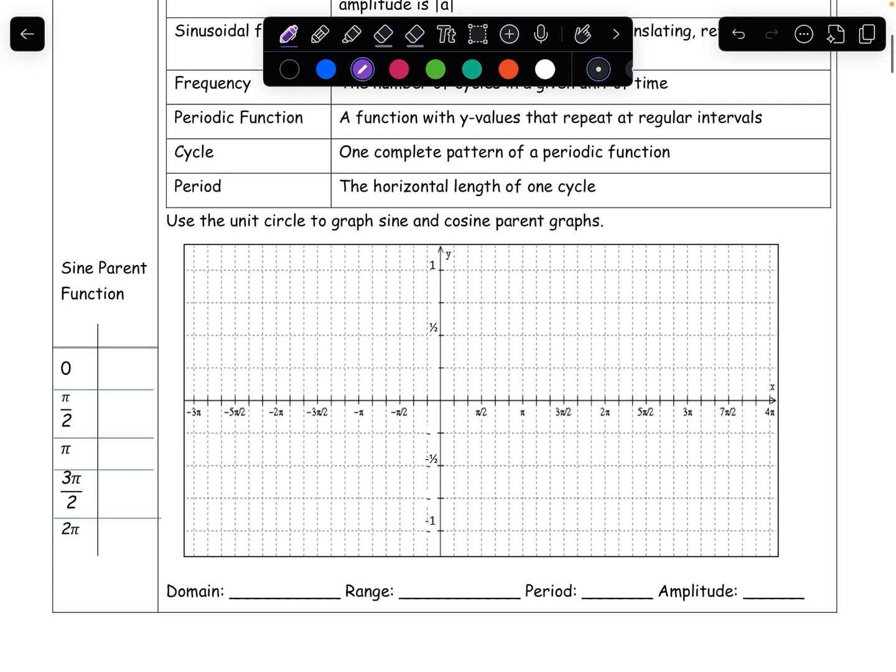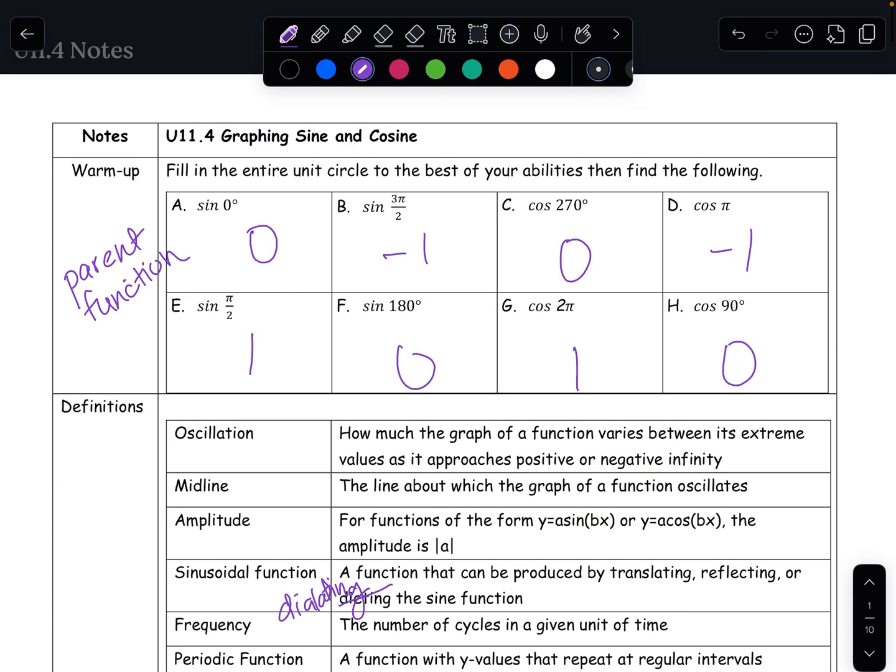So what we're going to do here is graph the parent function for sine. On the left, I created our parent function values. We're going to start with our x values, and what we're doing is creating sine of x equals y. So we're plugging these in, and if you notice, these are the values that we're going to be working with.